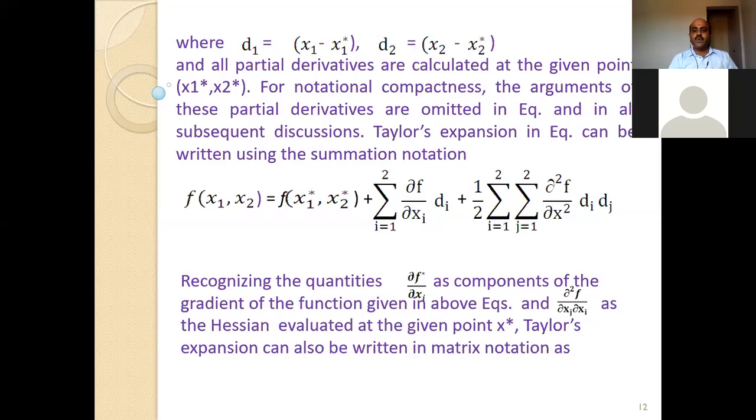Here we are expressing the Taylor's expansion in the form of a summation. Please make a note of this. This is very important for you. This format is very important for us. Please make a note of this.